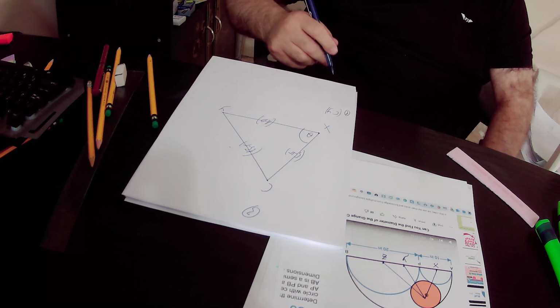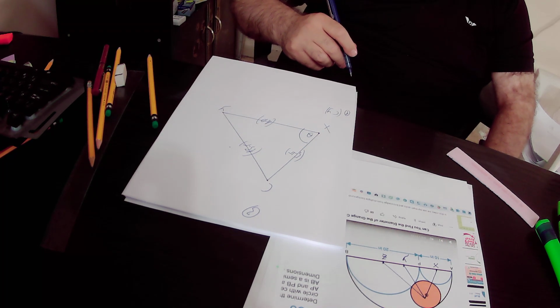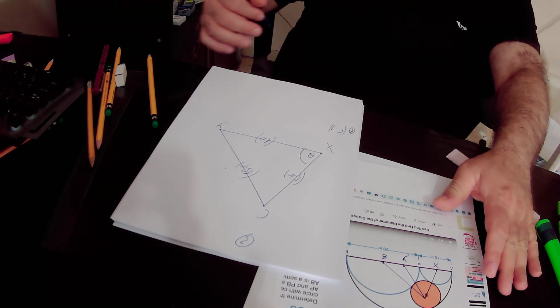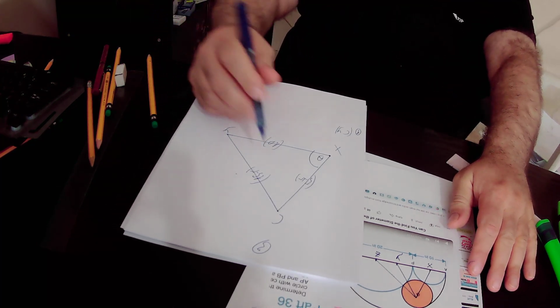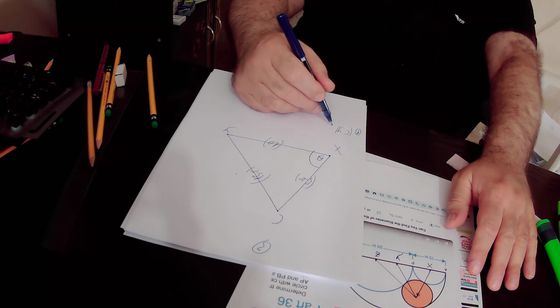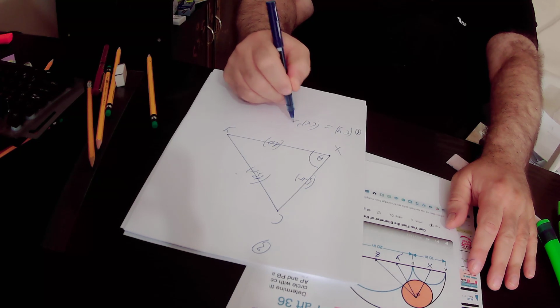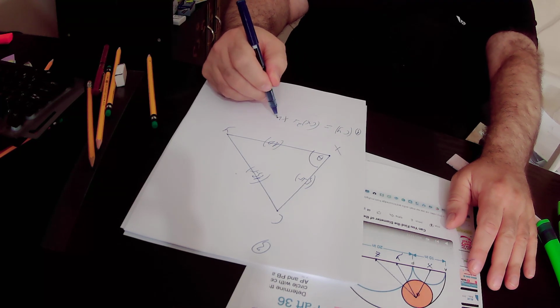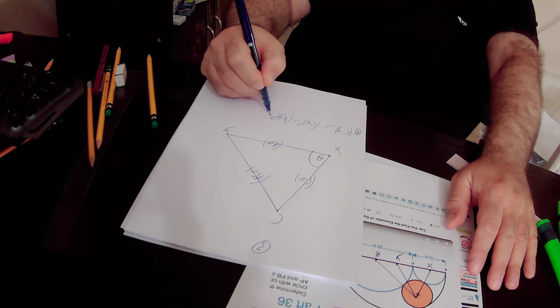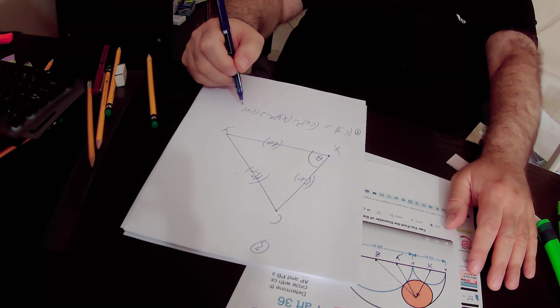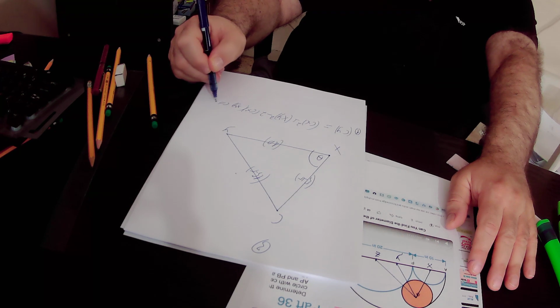So we implement the law of cosines in this triangle CXY. So here CY squared must be equal to CX squared plus XY squared minus 2 times CX times XY times cosine theta.